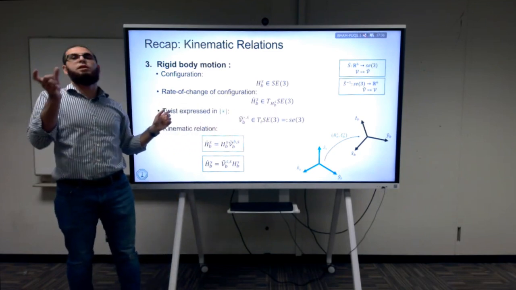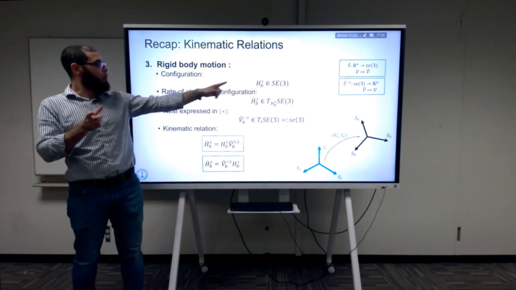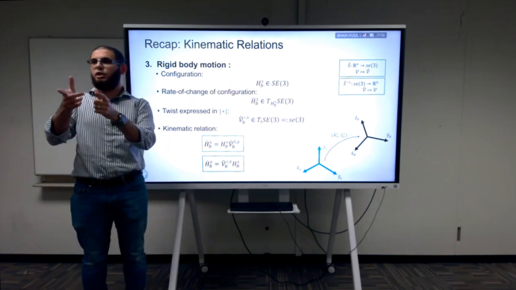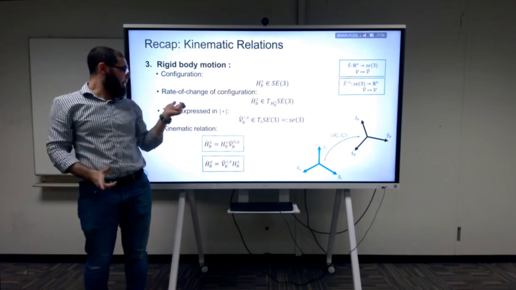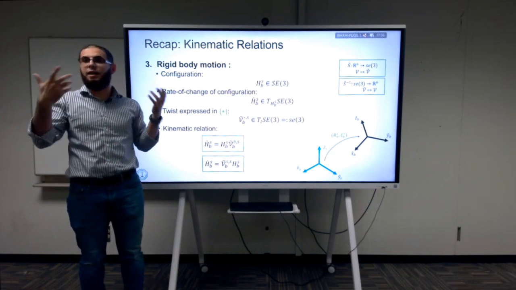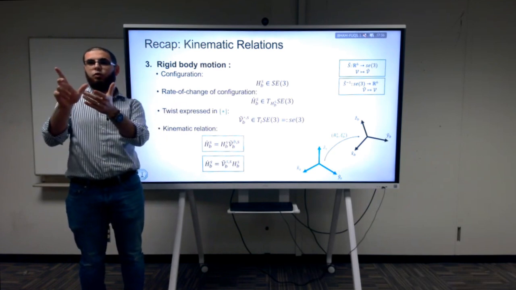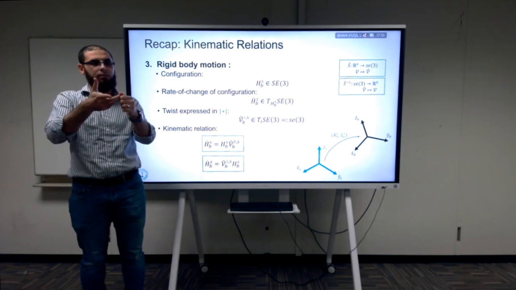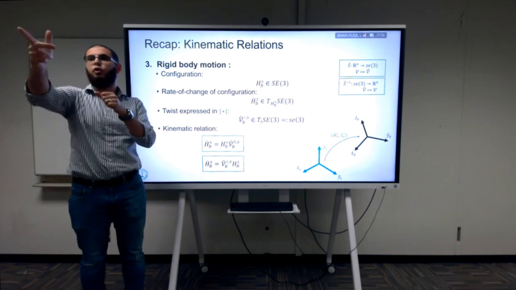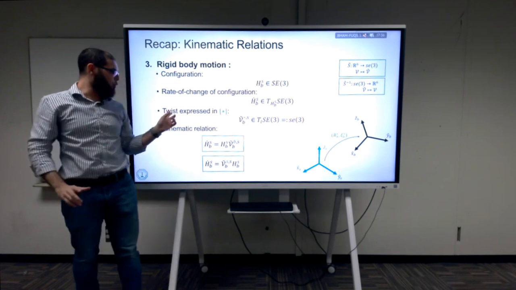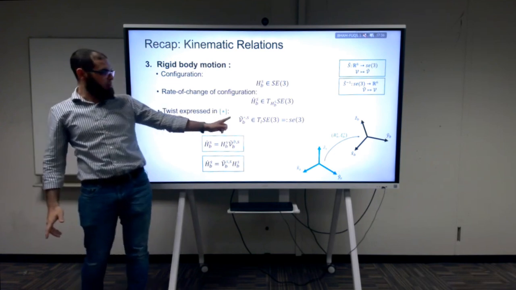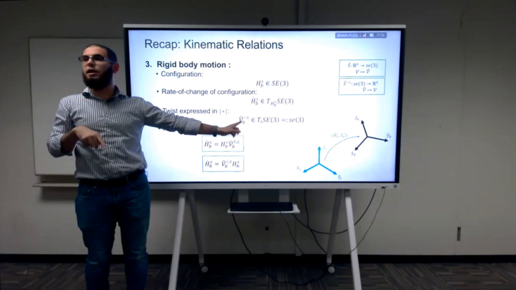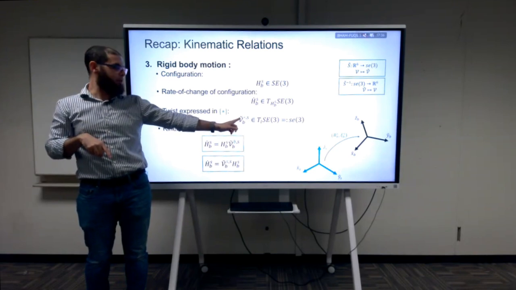The velocity variable. This configuration variable consists of translation and rotation at the same time. So you can expect that we can define some variable that would correspond to angular velocity and linear velocity at the same time in one variable. This one variable, we call it a twist. We denote it by this curly V, a capital one.